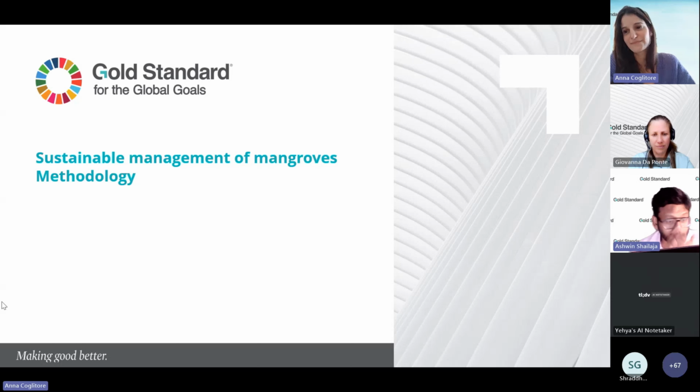My job is to basically expose the auditors here to the methodology, which is named Sustainable Management of Mangroves. This methodology was released along with the blue carbon and freshwater activity requirements in August last year.